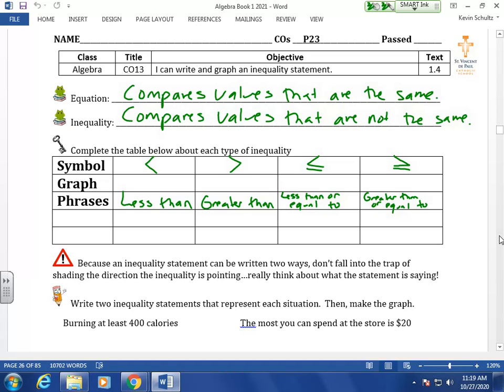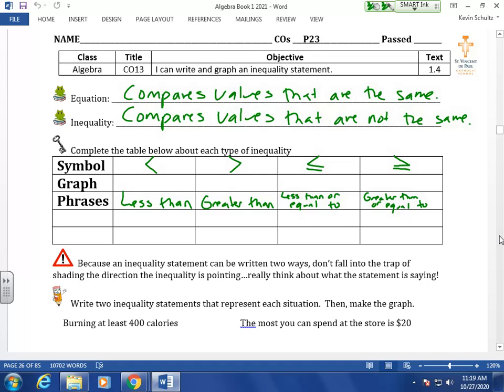Debbie? Actually, the less than or equal to and the greater than or equal to will have a closed circle because it includes the number that we care about. That includes that target value.